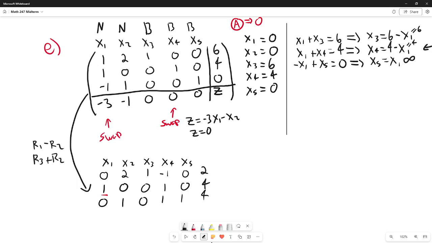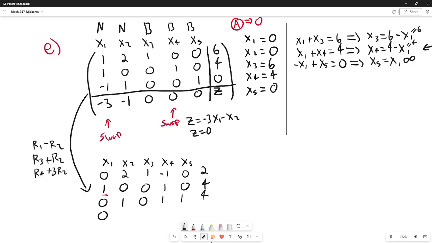And then finally, we want to turn this negative 3 into a 0. So we can do R4 plus 3 R2. So that's going to be negative 3 plus 3, that's 0.